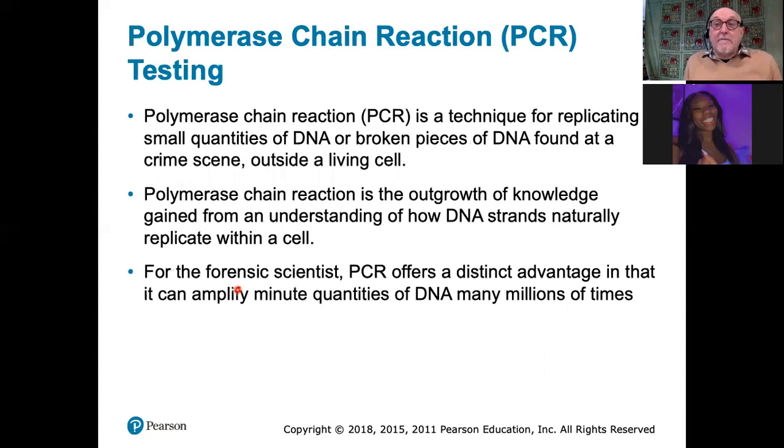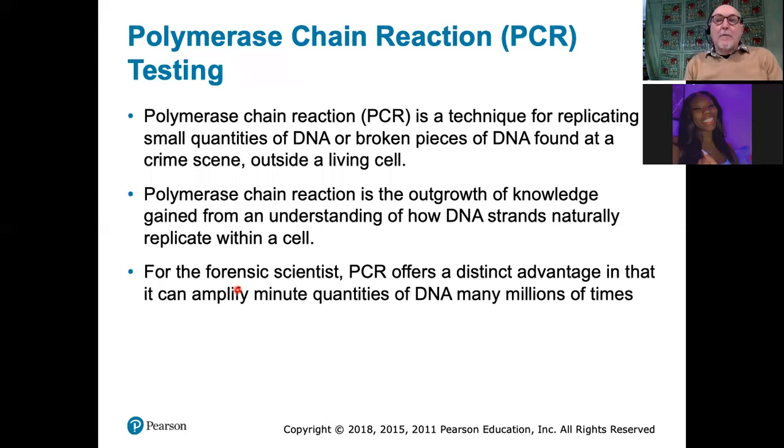This makes use of a laboratory technique called the polymerase chain reaction, or PCR. Many of you will have heard about PCR because I'm sure many of you have had a PCR virus test, and you'll understand after this exactly how that test worked.